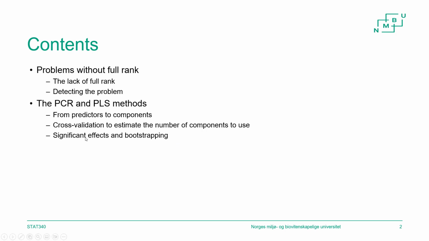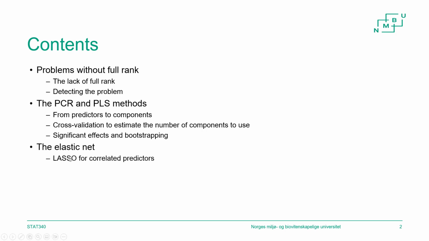This is not the only way to do this, but bootstrapping is a technique you should know about. So I thought that this was a proper place to introduce bootstrapping to you, even if this is not strictly the only way to talk about significant effects with these methods. There are some other solutions too, but we will not talk about that.